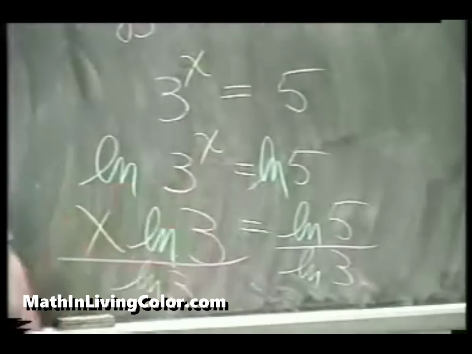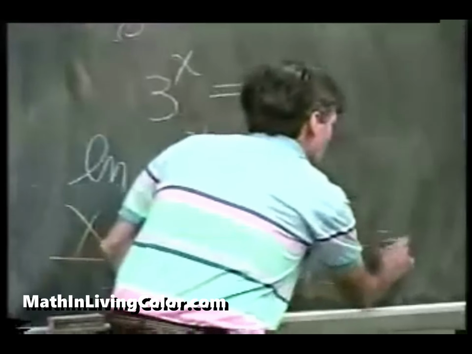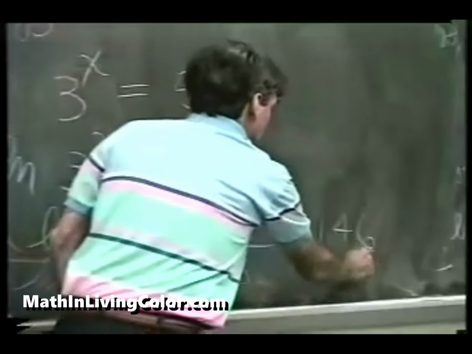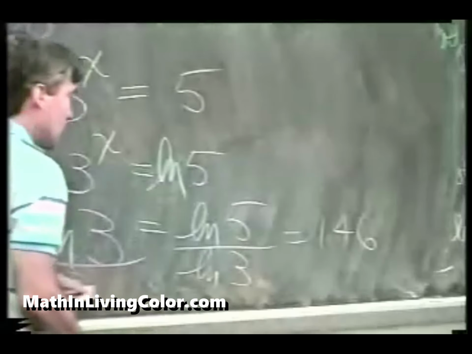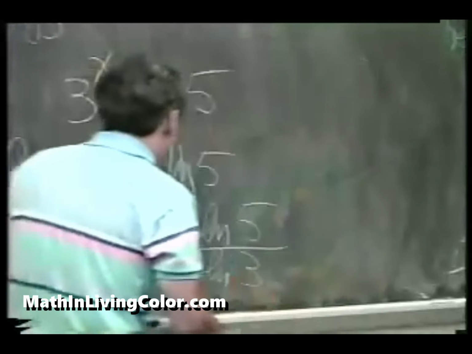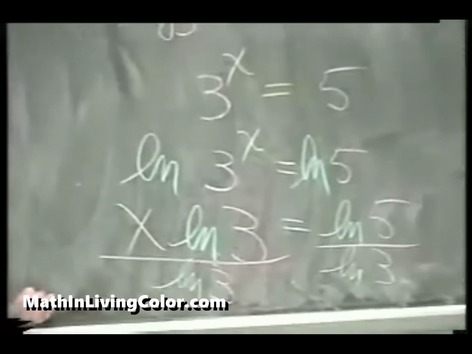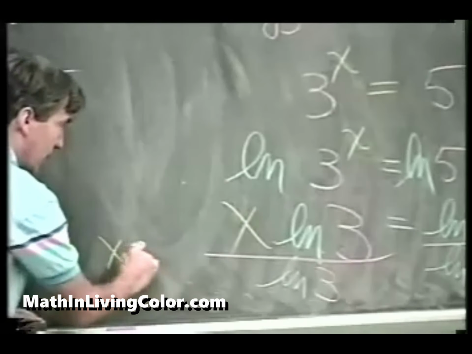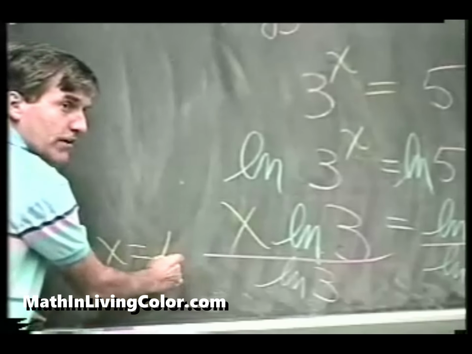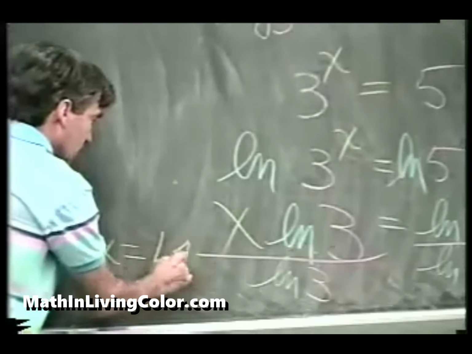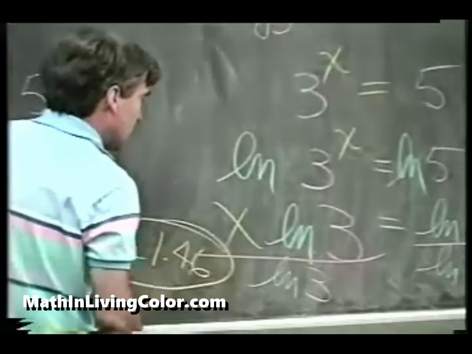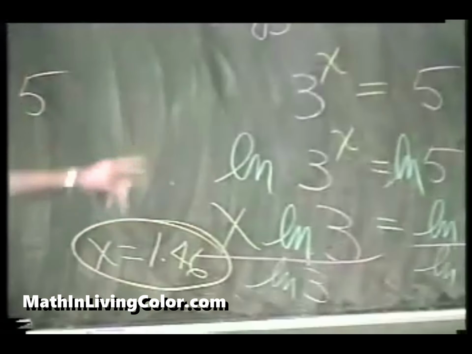Did you get an answer? 1.46. Okay? So in other words, x equals, I shouldn't have written it down there. I should have written it the next step down, but there's no room for it. So I'll come back over here. Sorry about that. x equals, what's it? 1.46. That's the value of x when you do that calculation.